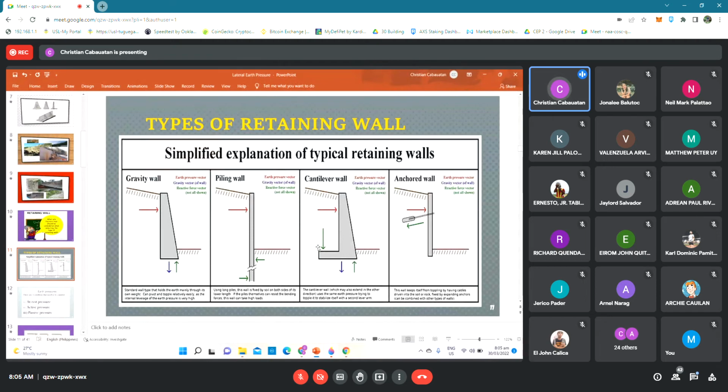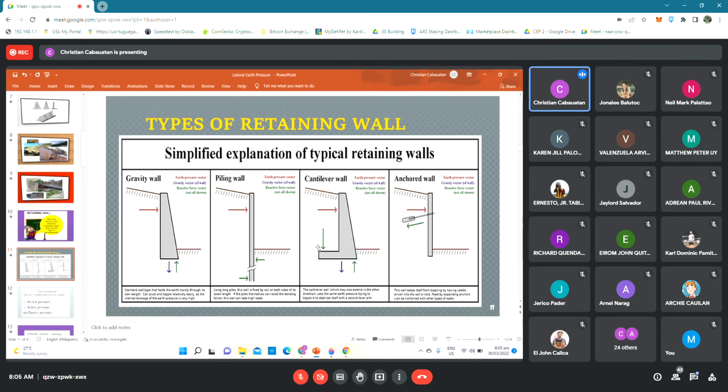This wall is fixed by the soil on both sides of its lower length. Okay? And then, ang tendency niyan kapag mas malakas yung effect ni soil on the left side, okay, there is a cracking at the lower part. Okay? And then another thing is the cantilever wall.